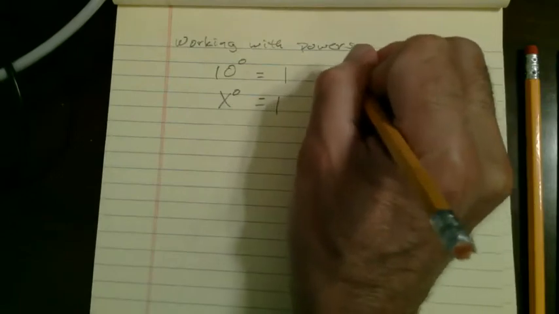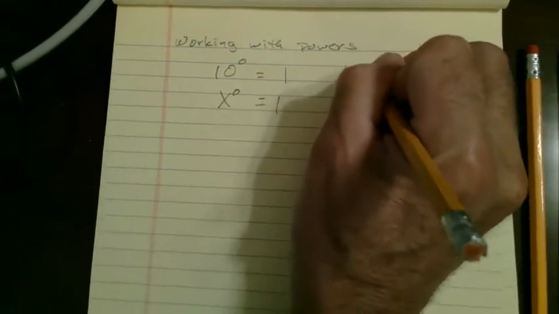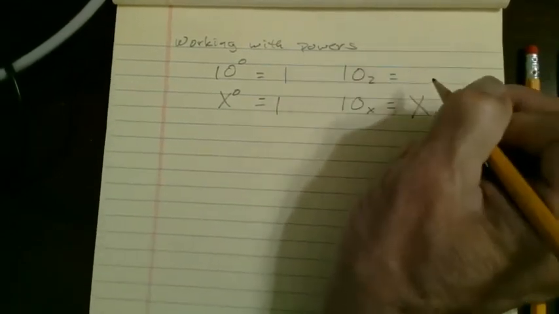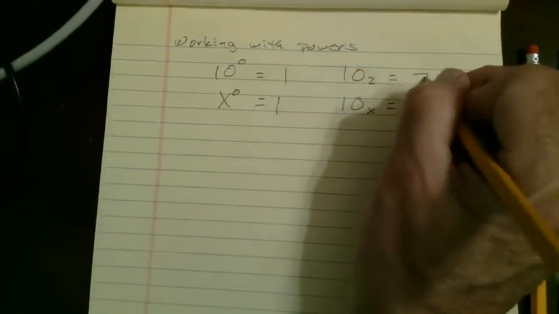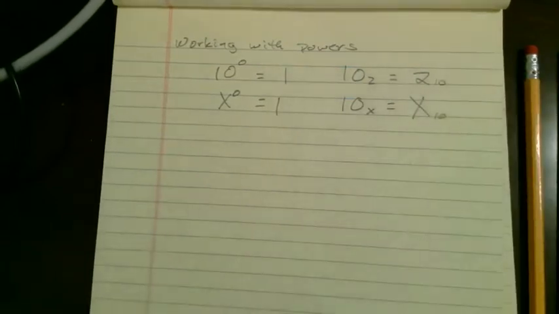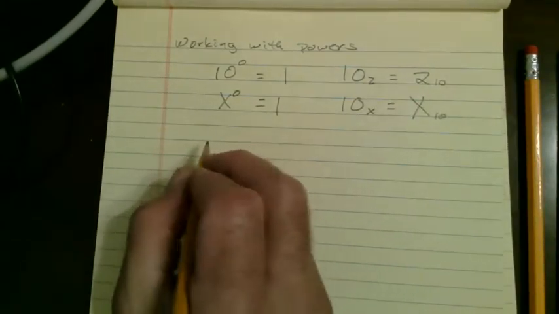So 1 0 base 2, for example, is 2 base 10. All right, so let me give you a quick couple examples here.